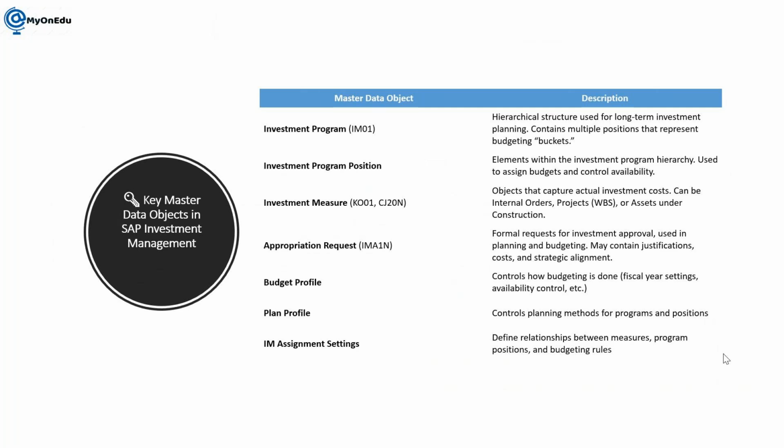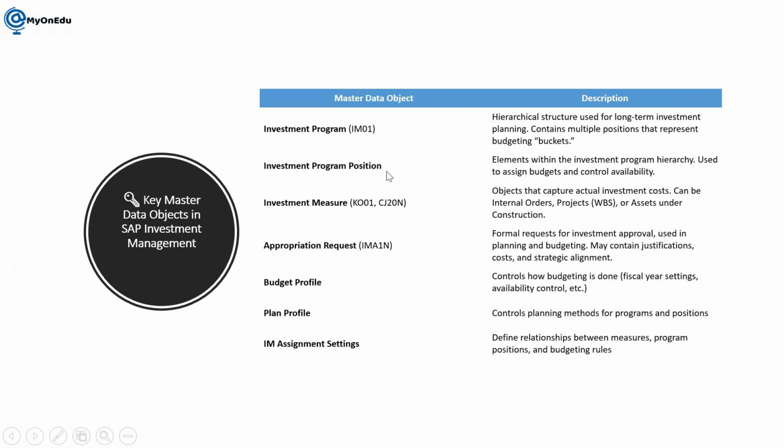So in investment management we have master data. Just now we understood that there is a structure we call the investment program structure, which has the program definition and positions. That is the major thing we understand. So the investment program and investment positions are the master data.